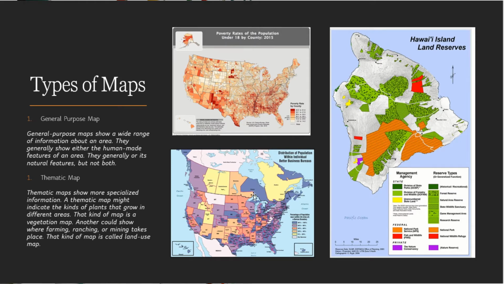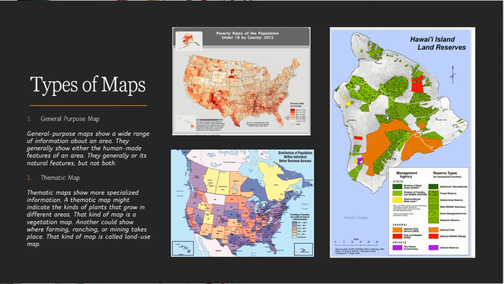Similarly, you can see here the distribution of the population, how they are distributed in the country. And again it's one theme. You can see the land reserves, this is one theme, as well as Hawaii's island.